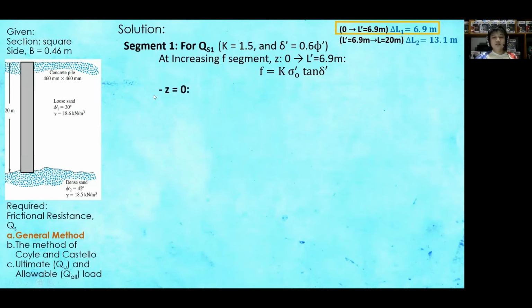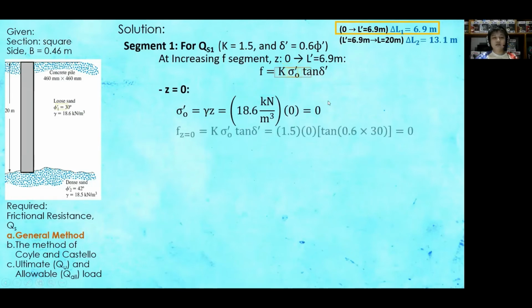So at the initial point, which is Z equal to 0, our sigma O prime is equal to gamma times Z, wherein Z is 0, thus sigma O prime is 0. So for the unit friction value, since sigma O prime is 0, the unit friction is also 0.